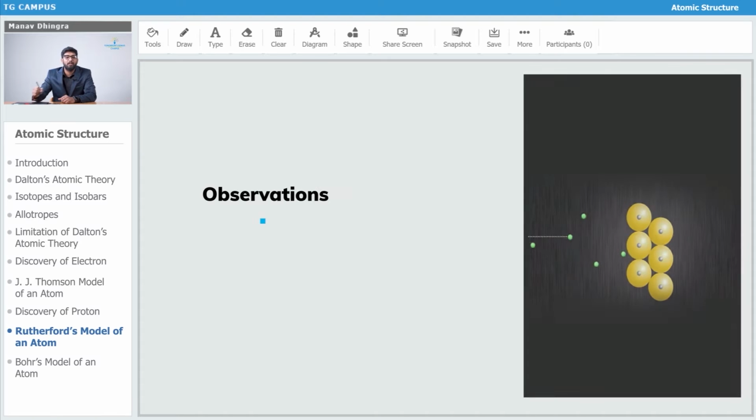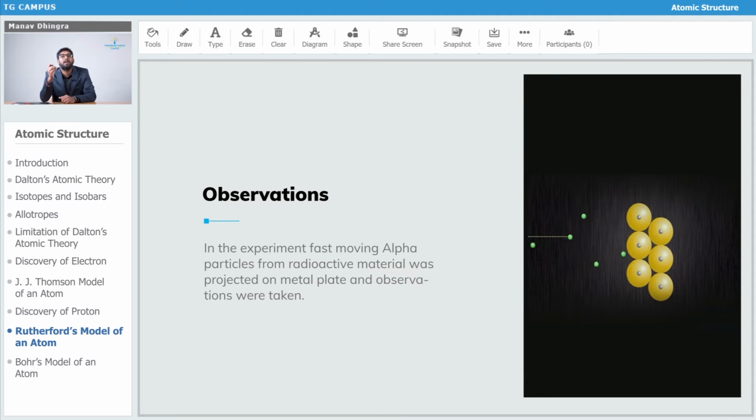The very first one: your alpha particles were projected, and how were these alpha particles made? They were made by using a radioactive material. Radium was used, and when the alpha particles were coming out of radium, we were using an electric and magnetic field so that they can travel directly towards the gold foil.